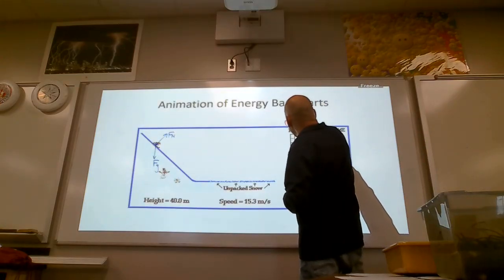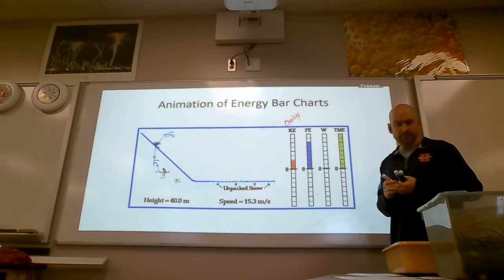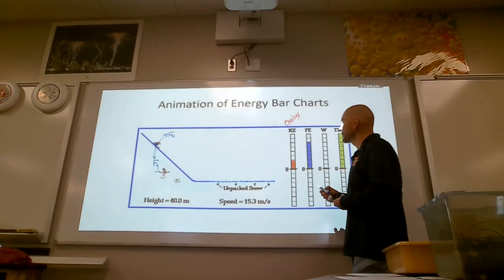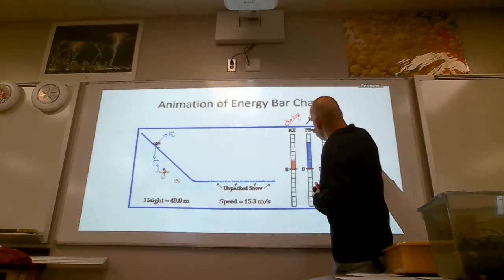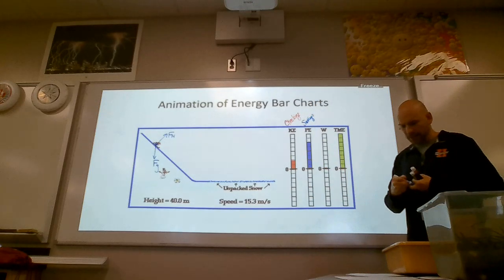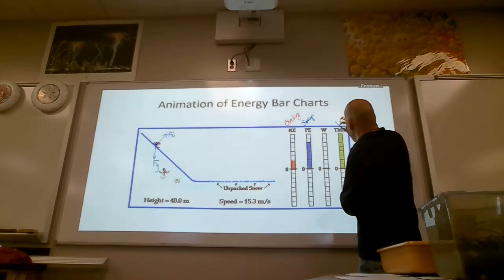Kinetic energy, I liken that to a checking account in your bank. Potential energy is like your savings account. And your mechanical energy is how much money you have in the bank overall.